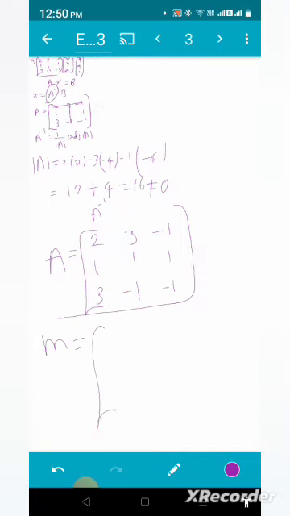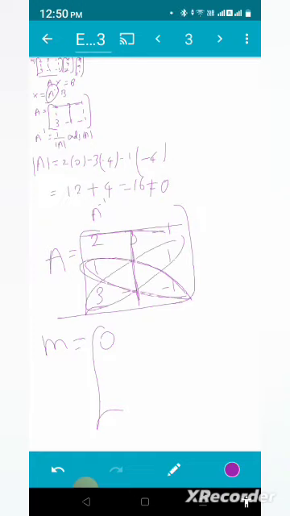M is equal to the corresponding row and columns are get cancelled. Minus 1 plus 1, that is 0 for here. Minus 1, the corresponding row and columns are get cancelled for the second one. 1 into minus 1 is minus 1.